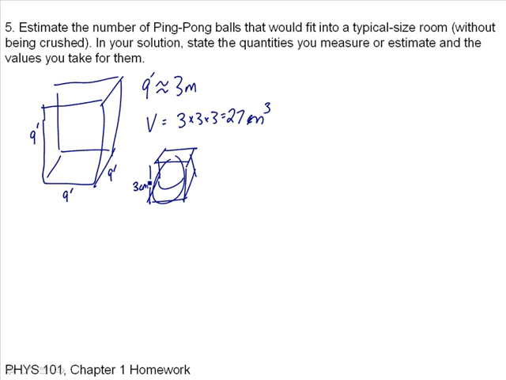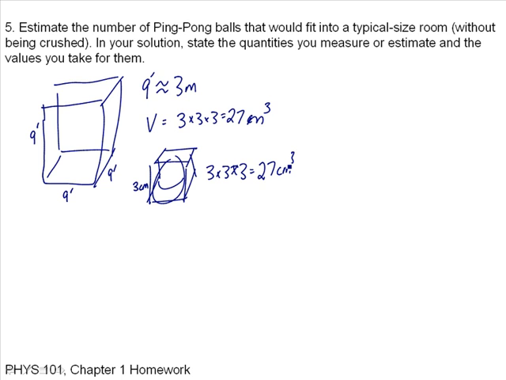And so that's approximately the diameter of a ping pong ball. And so I'm going to consider the stacking volume, if you will, of the ping pong ball to be 3 by 3 by 3 centimeters, which is 27 cubic centimeters.